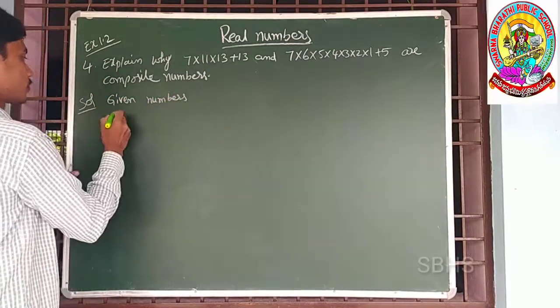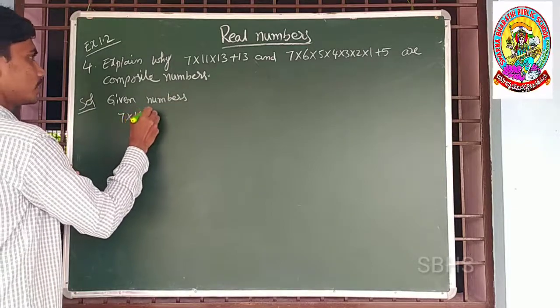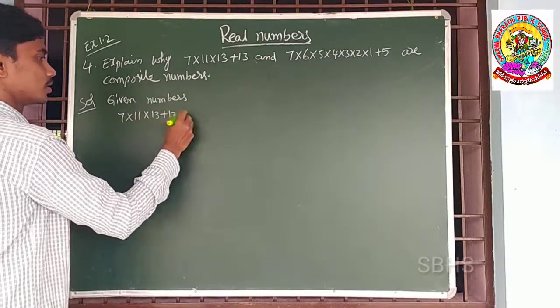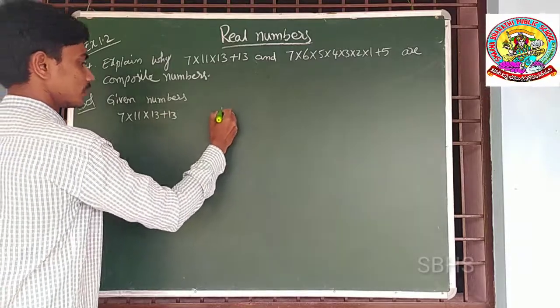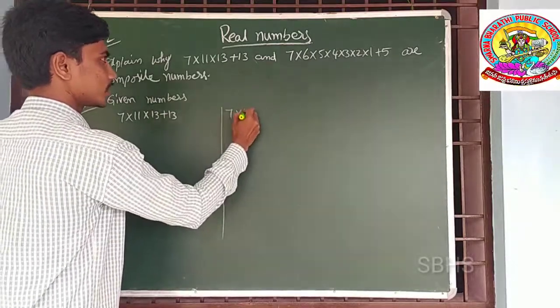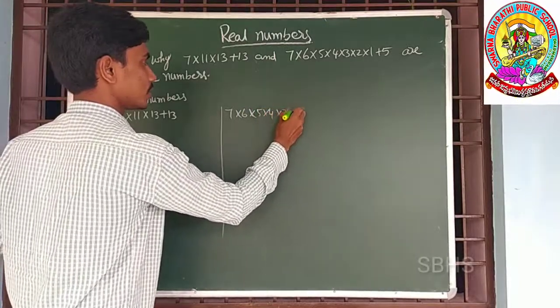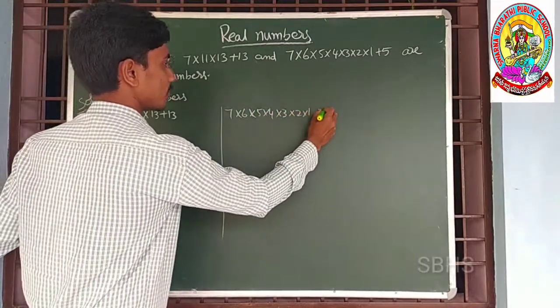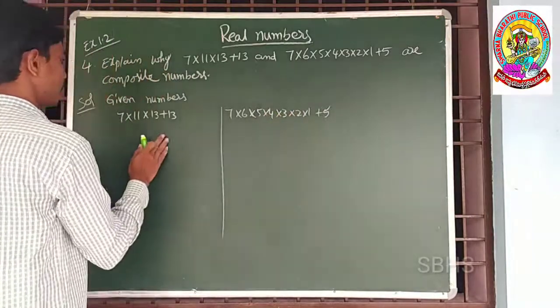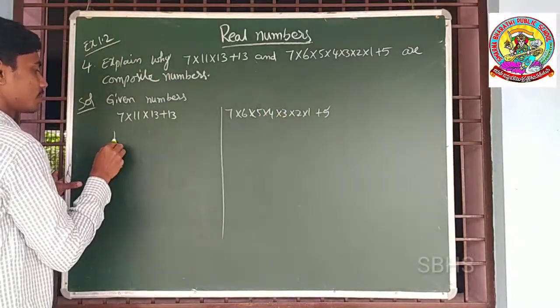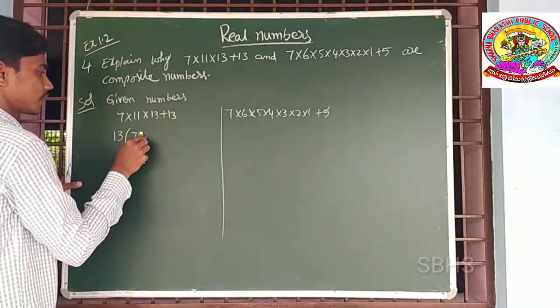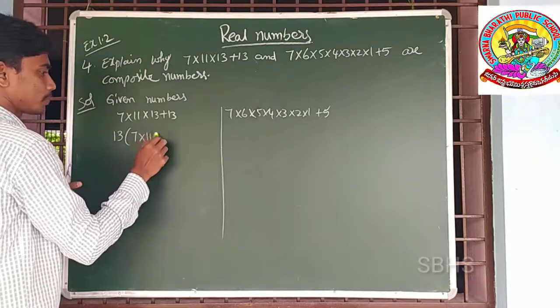So first one, take given numbers. First one is 7 into 11 into 13 plus 13, and the second one is 7 into 6 into 5 into 4 into 3 into 2 into 1 plus 5. Now here take 13 as a common: 13 into (7 into 11 plus 1).